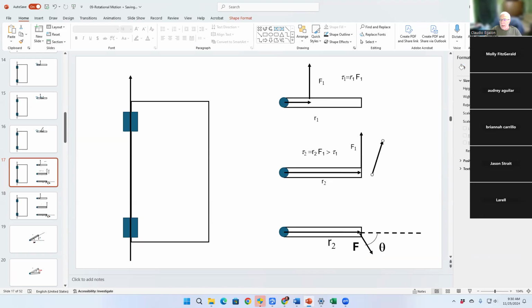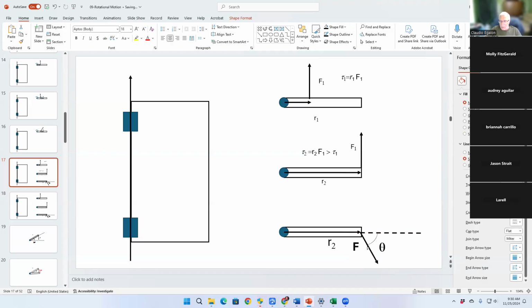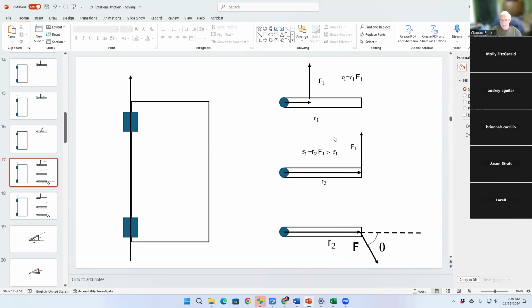I'm rotating this vector that has the same length as the force F1. Here's the angle. The magnitude is the same, but the force is different because it has a different angle. I'm going to put F2 here.